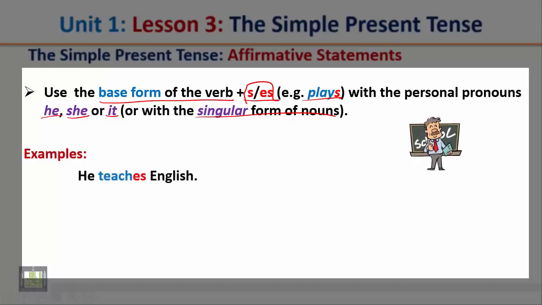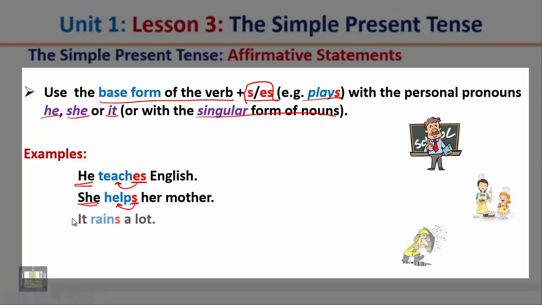He teaches English. Notice here that we add es to the verb because the subject is he. She helps her mother. Notice here also we add s to the verb because the subject is she. It rains a lot.